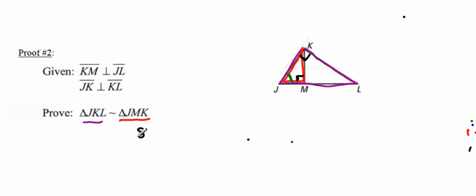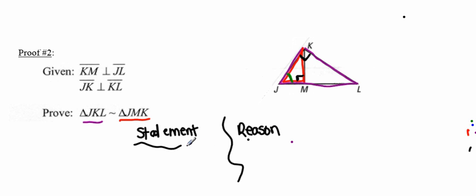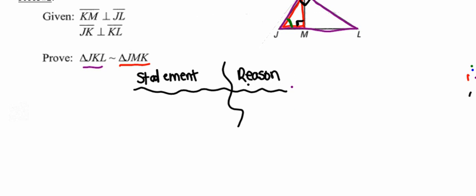I think this time, just to be a little bit diverse, I'm going to write a two-column proof. So I'll get my statements and my reasons in there. And it really doesn't make a difference which order you get these in, as long as you get both of them in. I'm going to start my proof by talking about those perpendicular line segments.